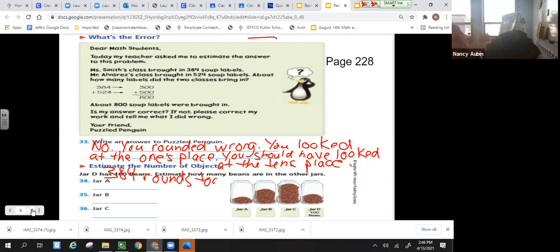Let's see, rounds to 400. Not 300. Some of you just didn't tell me what the answer was. You have to say it should be 400 plus 500, which equals 900. So maybe that's all you left off.